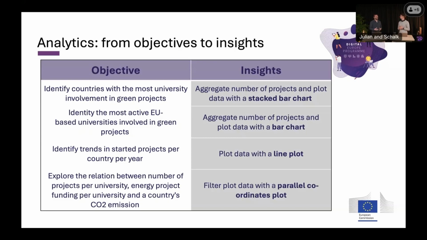This is something that we can nicely visualize with a line plot, because then we can identify the trends for how many projects were started in which year, and so on. And last but not least, we have the parallel coordinates plot, which then allows us to see the relations between different columns with different values in our data set.